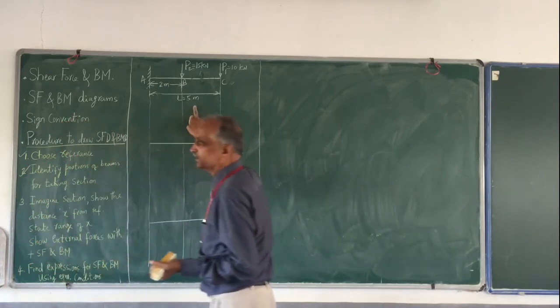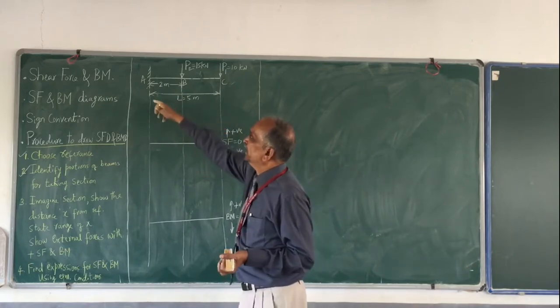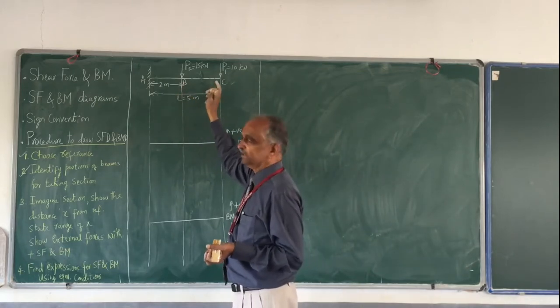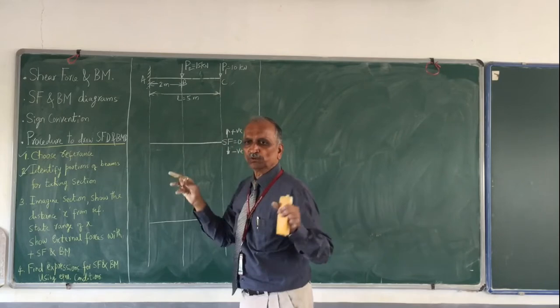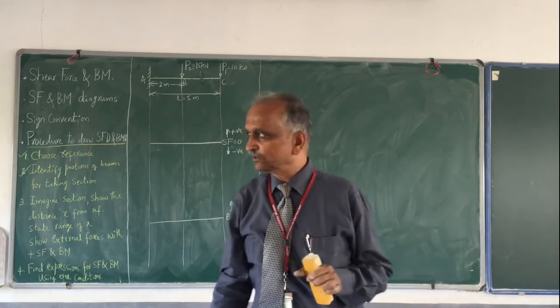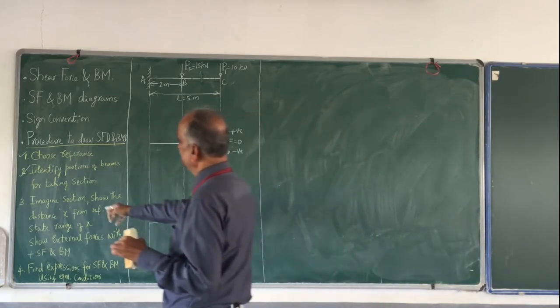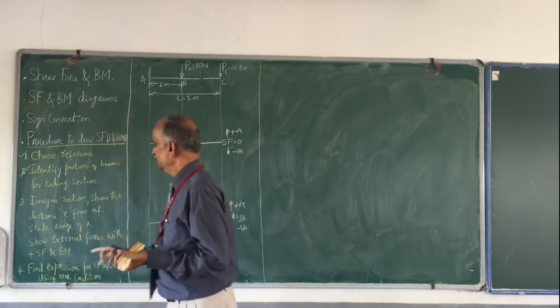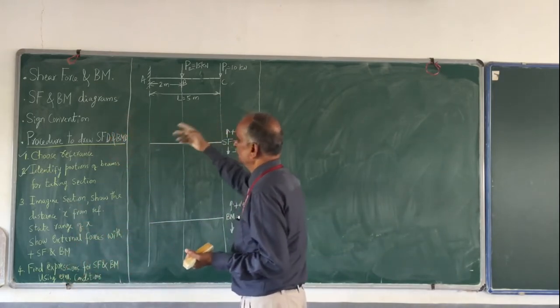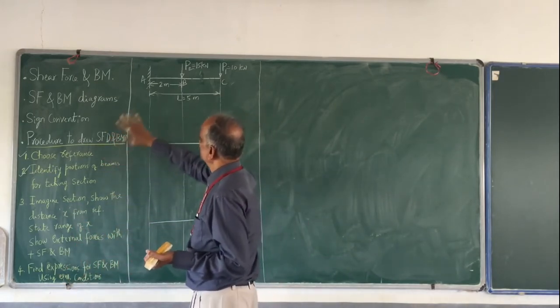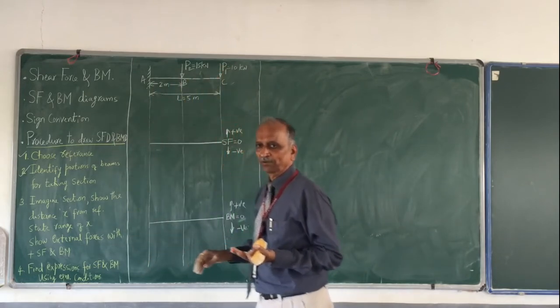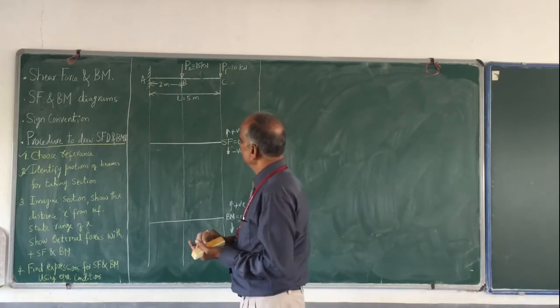So for example, I have two portions, AB and BC. These are the two portions where I am going to take sections. Imagine a section. Now let me complete these two steps for the problem I have.